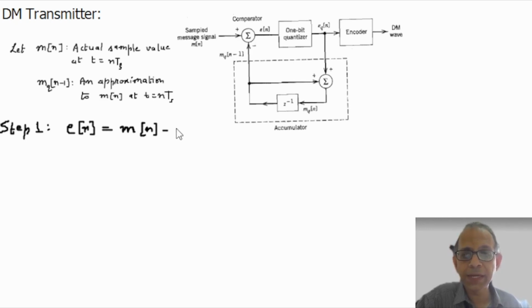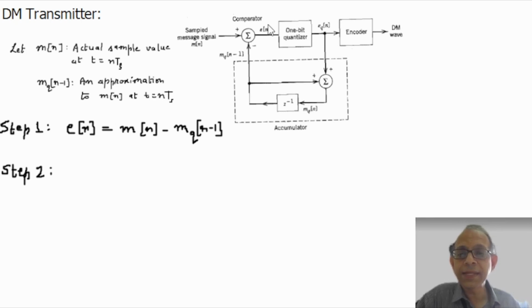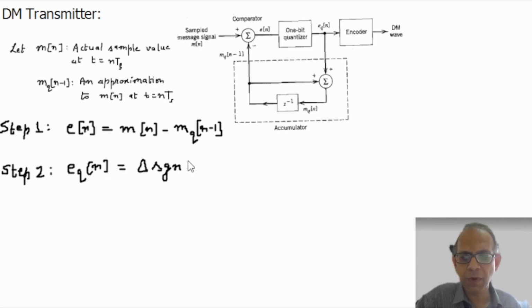And then in step 2, as we understood pictorially in the previous slide, this error is quantized as eq[n], and eq[n] is delta times signum function of e[n].